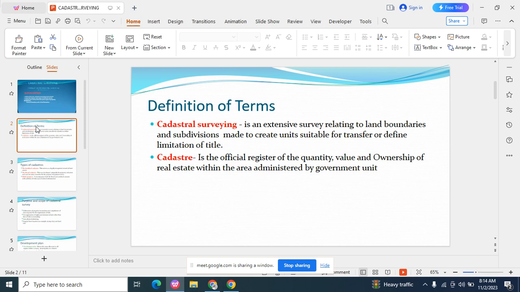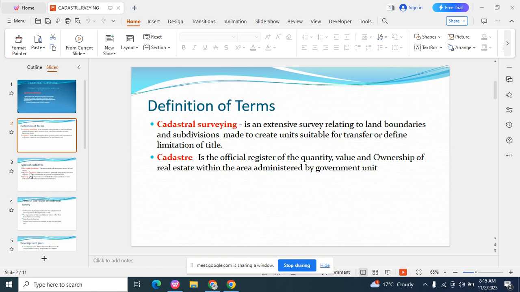I know you are conversant with the term title deed, and in cadastral we'll be taking some boundaries, either fixed or general boundary, and we do the procedure of generating a title. Then cadastre is an official register of the quantity, value, and ownership of real estate within the area administered by government units.